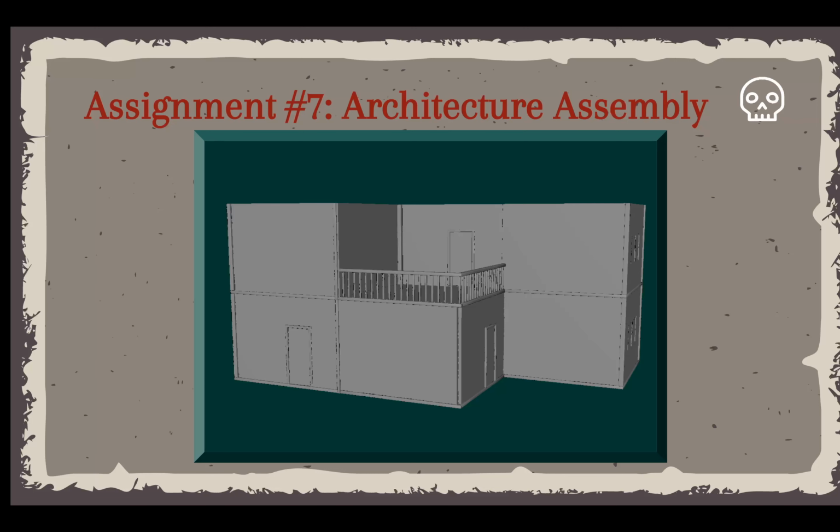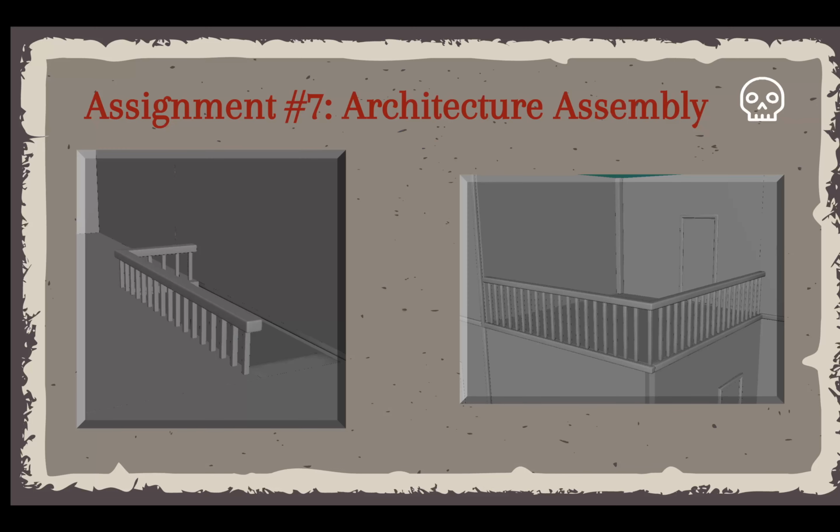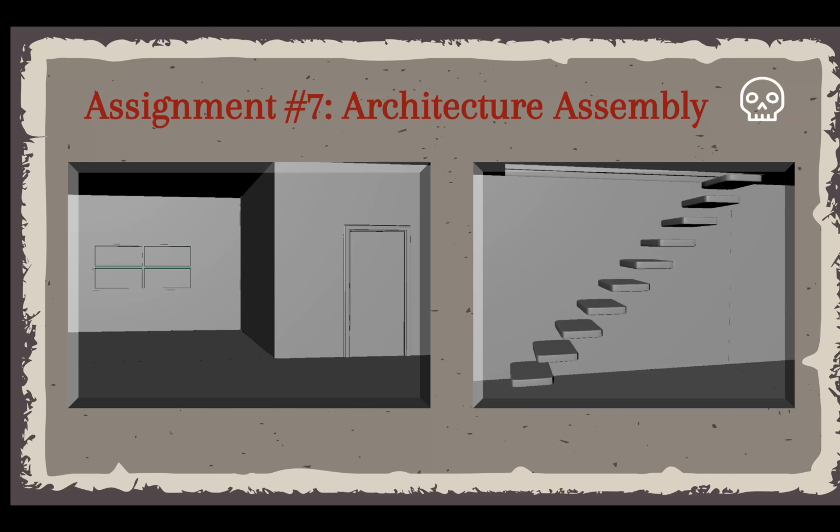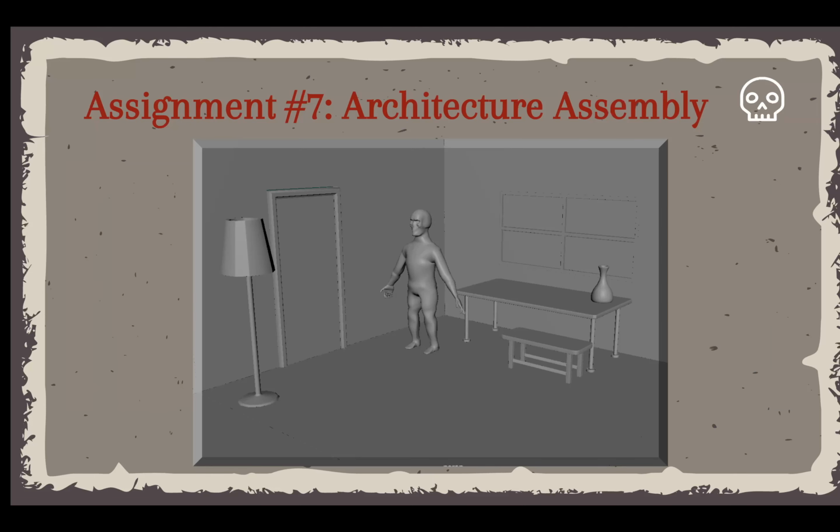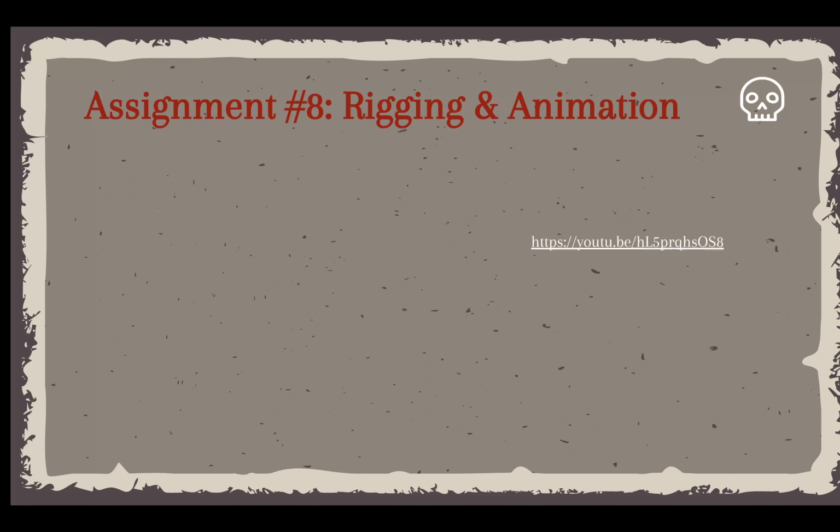I'm still missing a roof, but here we have a better look at the railings for my stairway, as well as an outside railing for a small little balcony. Here is another closer look at the interior of the house, plus a look at the floating stairs I had mentioned earlier. And here's my character put into place and scaled to the size of the house.